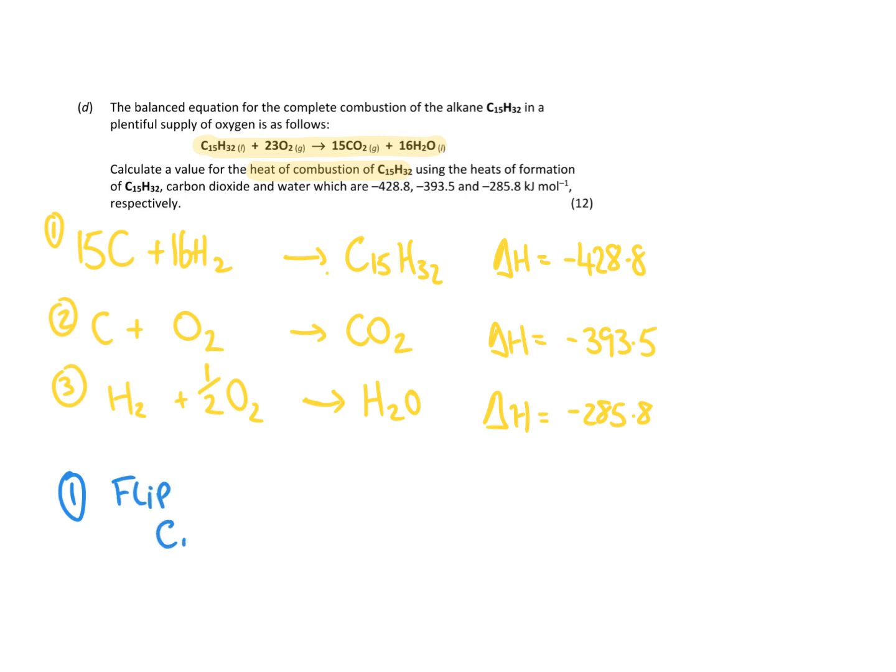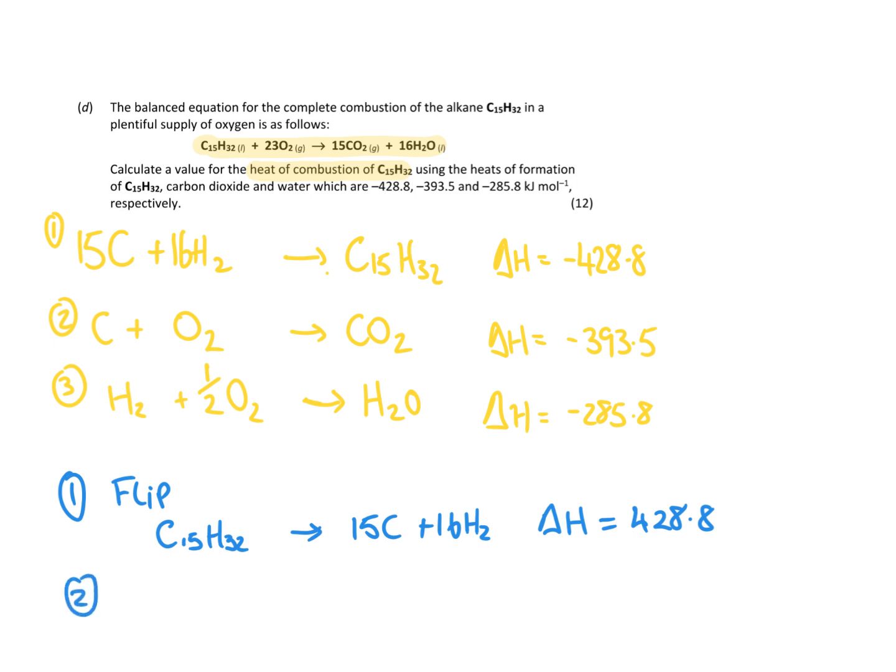If I flip it, it becomes C15H32 goes to 15C and 16H2. That's just gotten from flipping the equation. And we also know that if we flip an equation, we must change the sign of the value for the heat. So that means the heat there is 428.8.